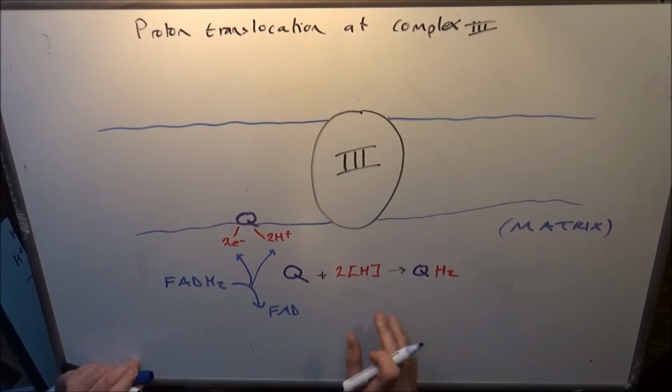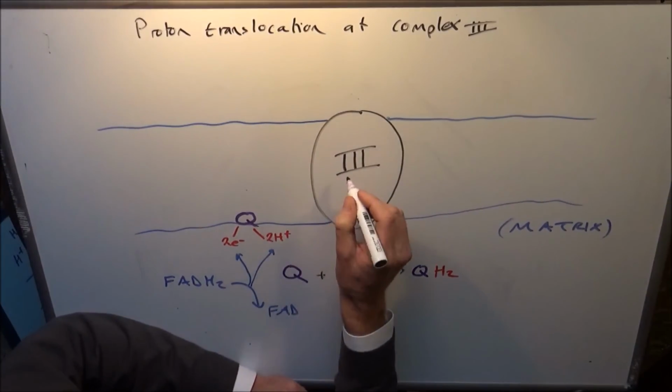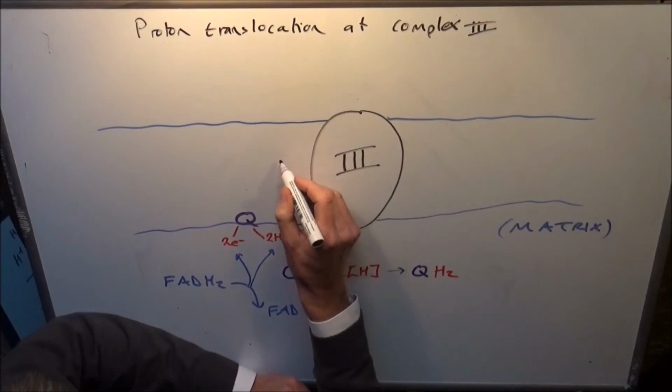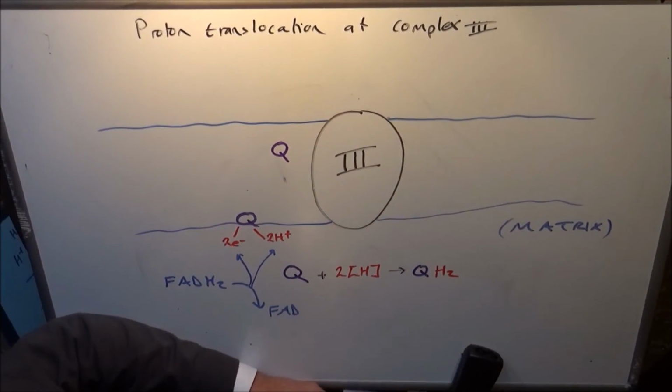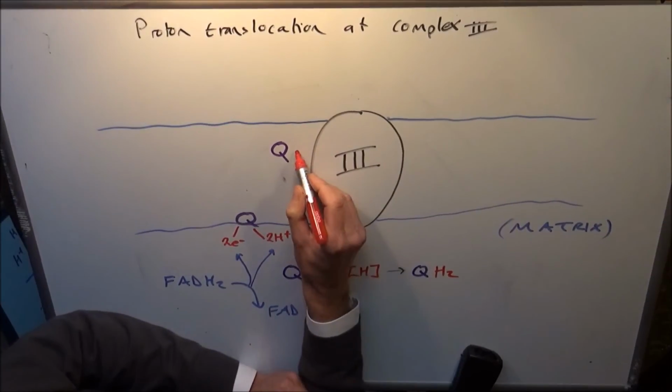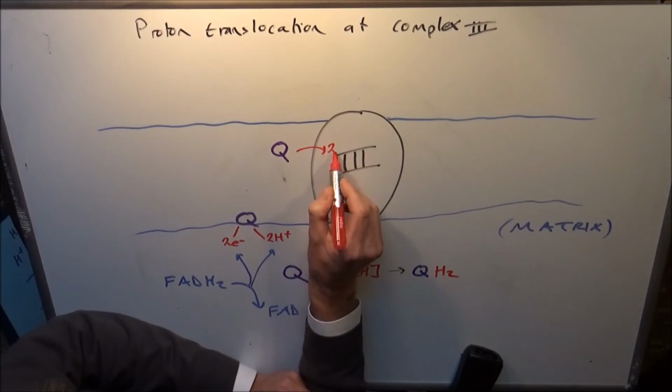Remember, that's just the equivalent of 2 hydrogens onto Q, and then Q diffuses up towards complex 3, and complex 3 accepts the electrons from this, but only the electrons.